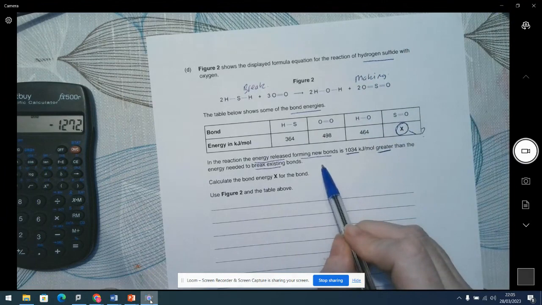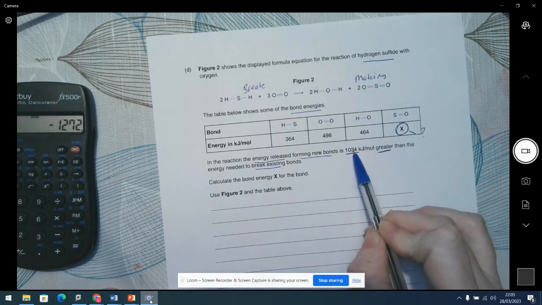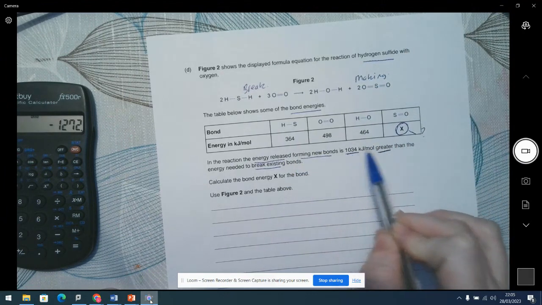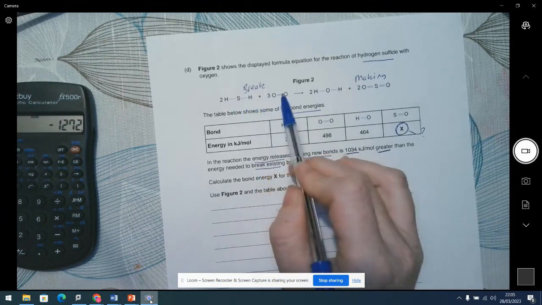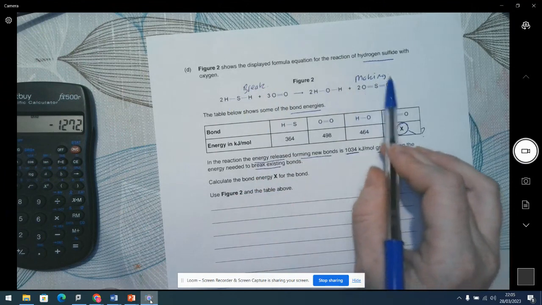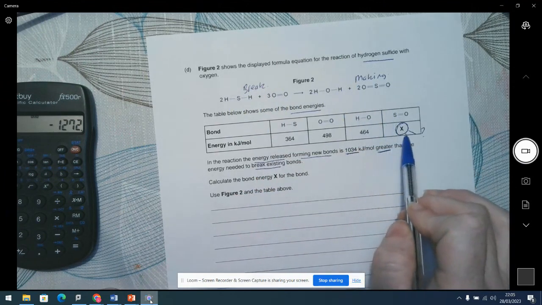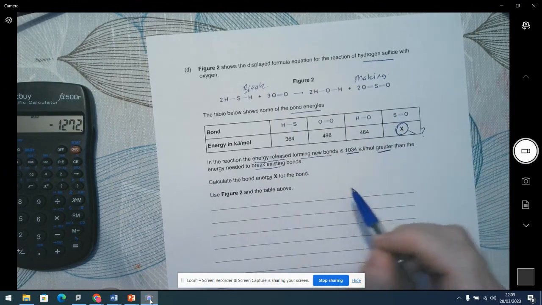It says in the question that energy released from making new bonds over here is 1034 greater. That's how much more energy it has than over here. So if I know how much energy is here, then I can work out in total how much energy should be here. And that's then going to allow me to work out this X value.